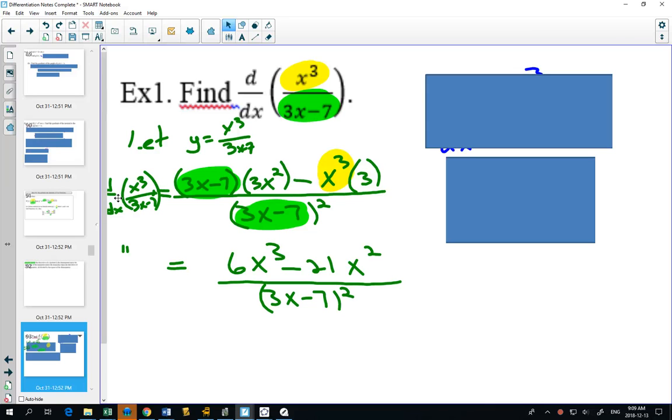So technically, by writing dy dx, there's no y in the question, so you haven't defined it. So properly, you would say let y equals, and then you could use dy dx. You could let g of x equal it and then do g prime of x if you wanted to. You could introduce all sorts of different variables.